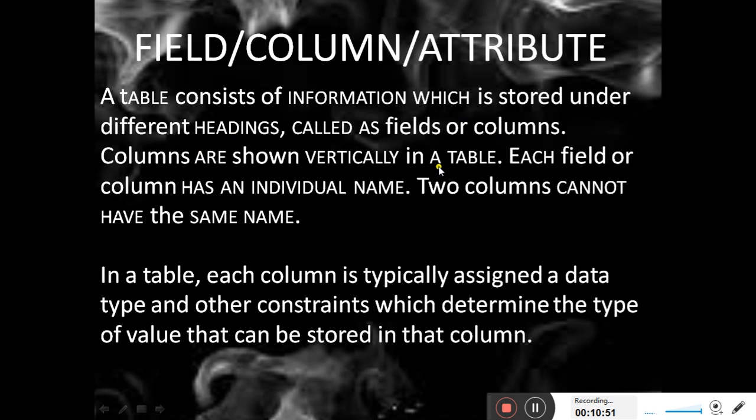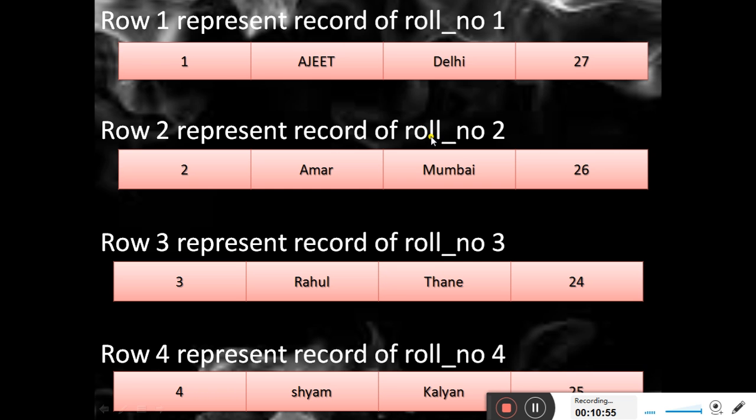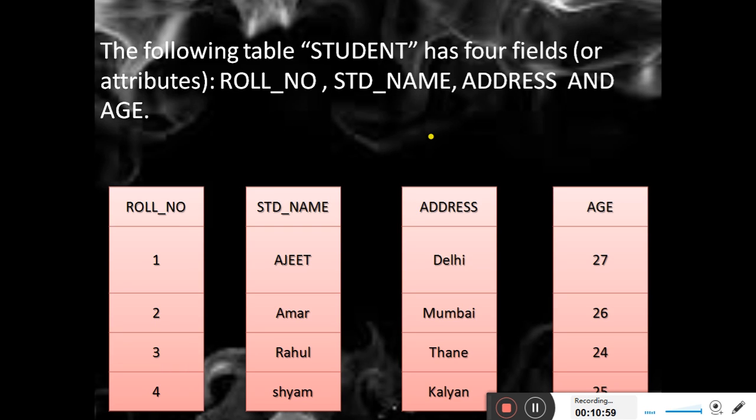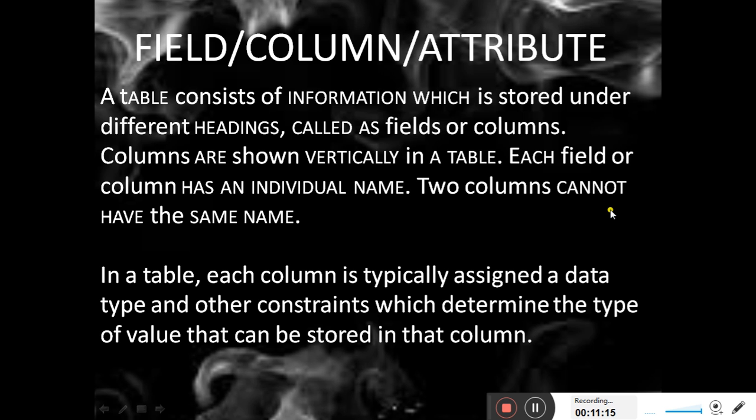Columns are shown vertically, right, unlike rows.